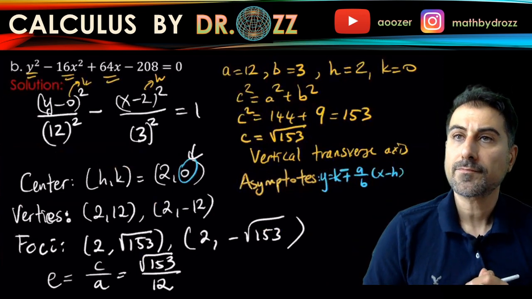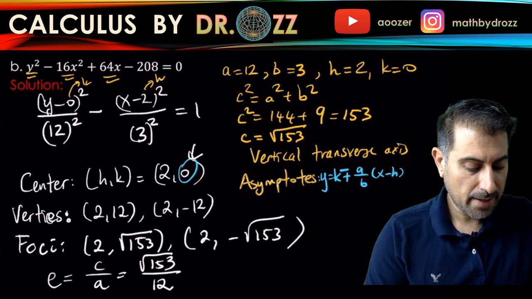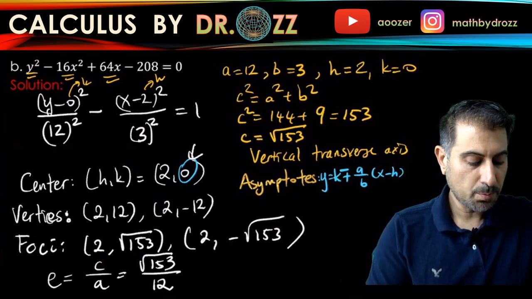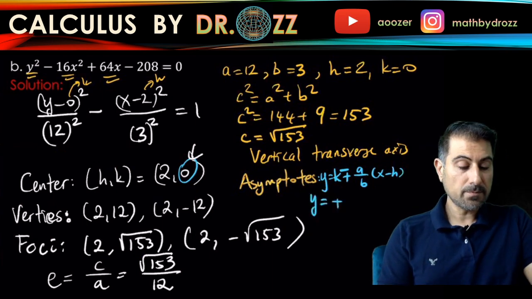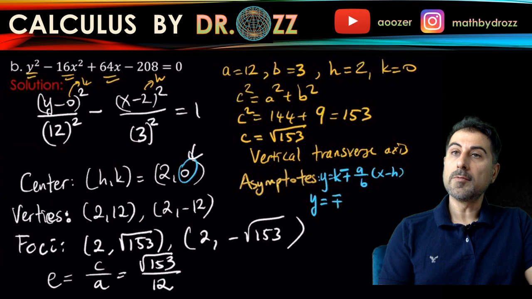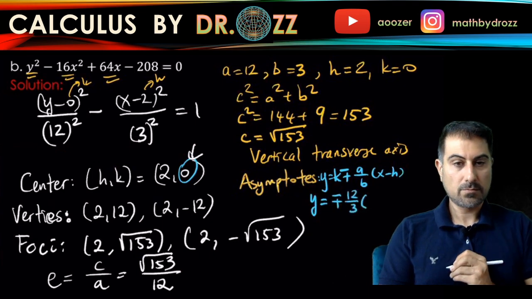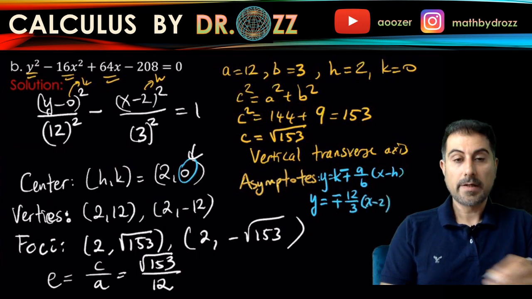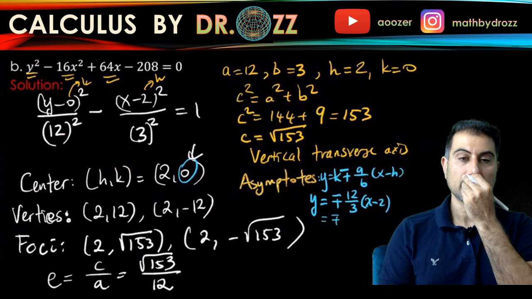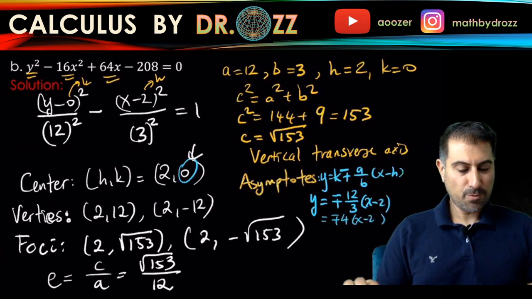Now k equals 0, so I have y equals plus or minus a over b, that's 12 divided by 3, times x minus h, so x minus 2. That takes you to plus or minus 4 times x minus 2. Woohoo! This was a long question. It's plus or minus 4(x minus 2).